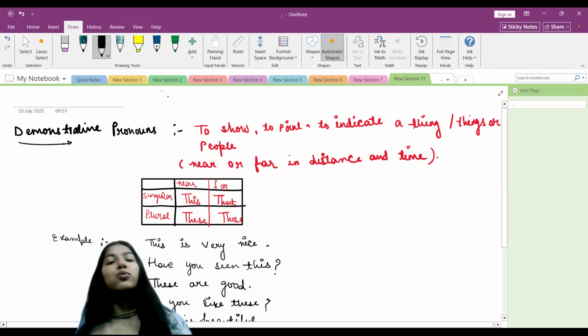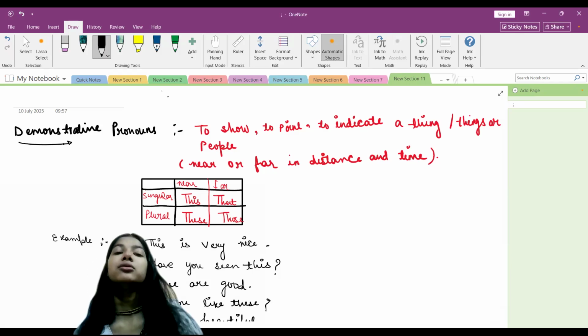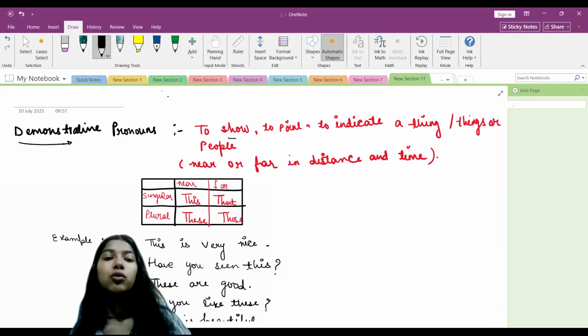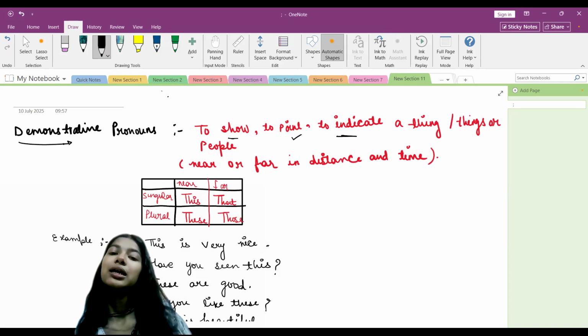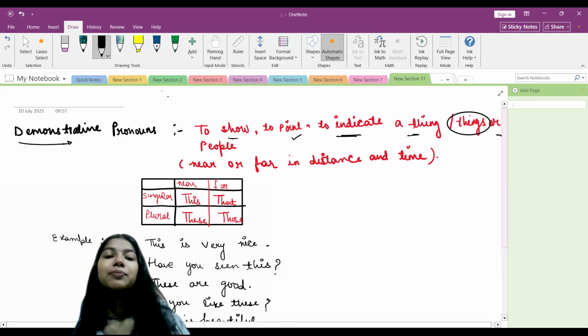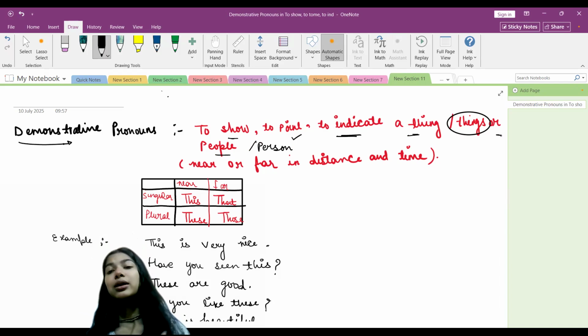Demonstrative means to demonstrate, to show something, to point towards something, or to indicate a thing, or it can be more than one thing, or a person or people.